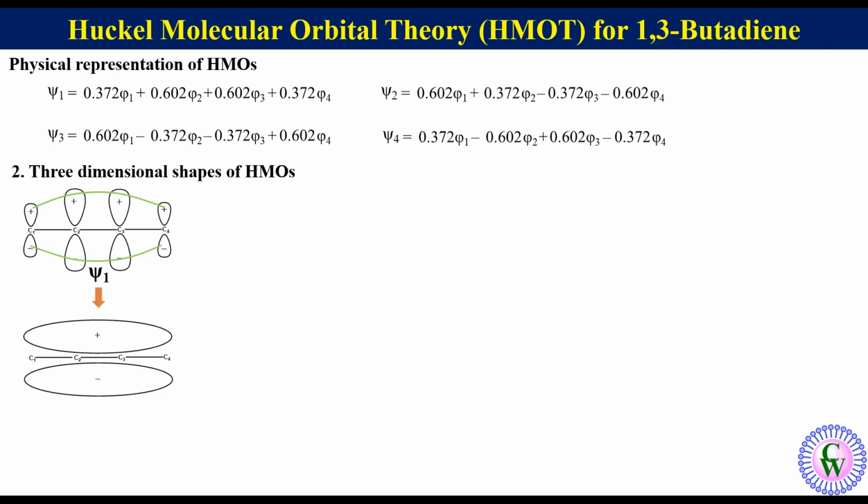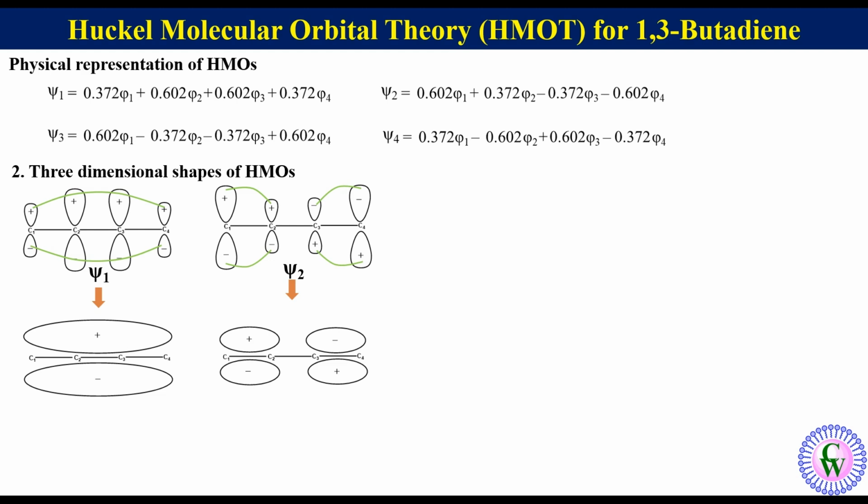If we take psi 2, the 4 pz atomic orbitals can be represented like this. Lobes of the same sign in the same phase will combine together to produce 2 positive and 2 negative lobes, and psi 2 will look like this.